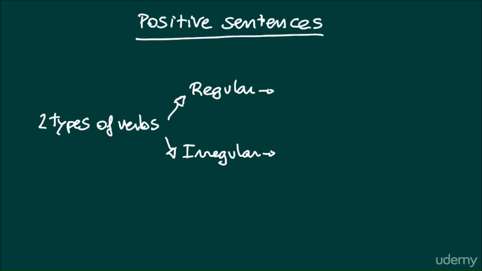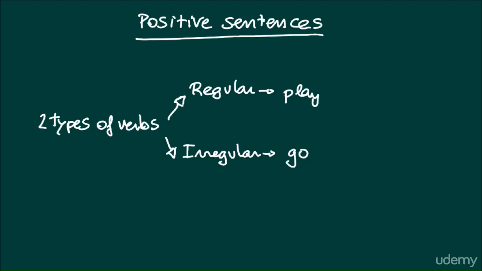To say a positive sentence in past simple, you have to know first if the verb you want is regular or irregular. Let's use two verbs for our examples. An irregular verb, go. A regular verb, play.